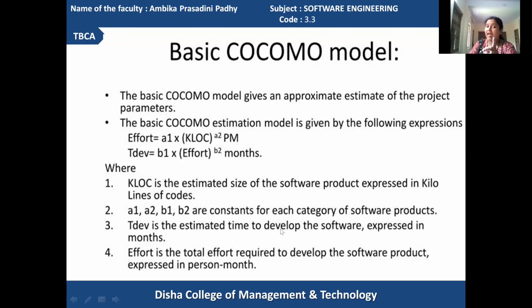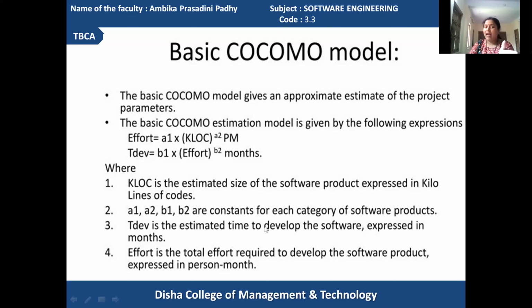The time required for development of the product is expressed in months, as effort is expressed in person-months. The time can be 2 months, 3 months, 5 months, 6 months, or 5.4 months, or 6.5 months, like that.